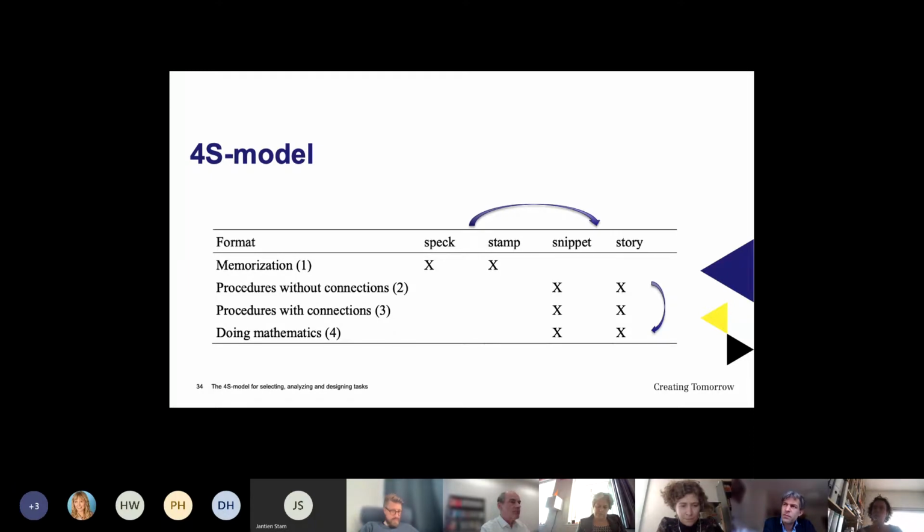And these two arrows, I think, point out how we can try to have our students raise the level of mathematical thinking through the use of history of mathematics.